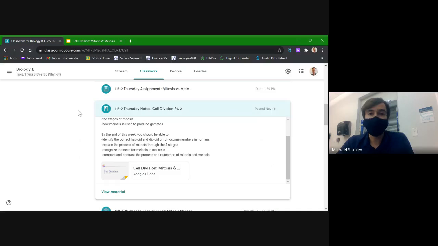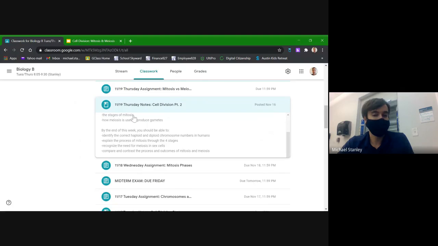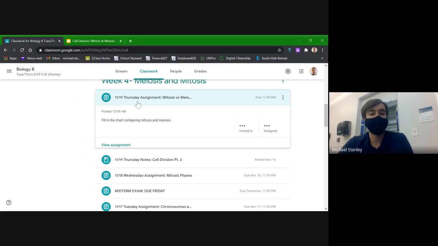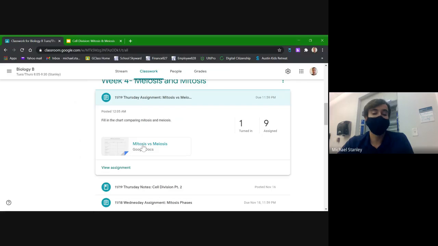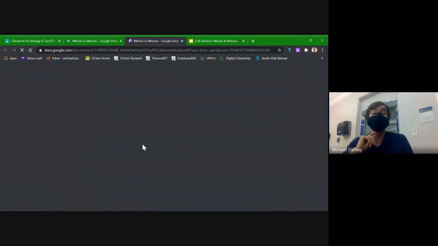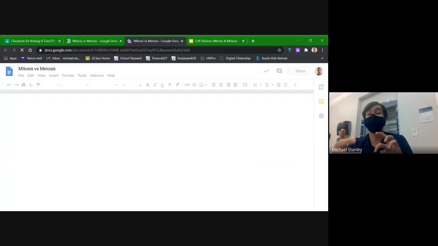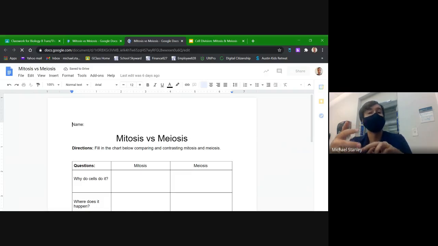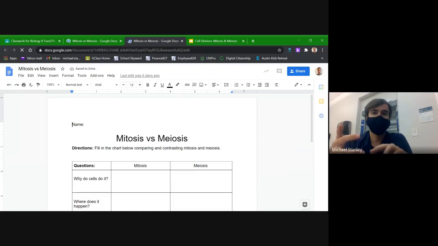So your final assignment for this week is running through a chart of the differences between mitosis and meiosis. Unfortunately, since this is a big chart, I wasn't able to create it in the Google Form.